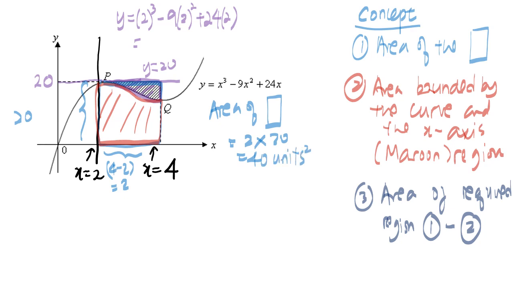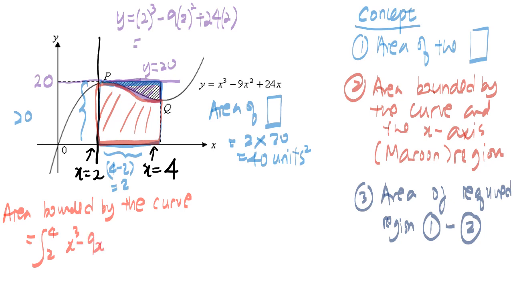Right, so the next step is to find the area bounded by the curve. And we integrate from 2 to 4 the equation of the curve, which is x cubed minus 9x squared plus 24x dx.